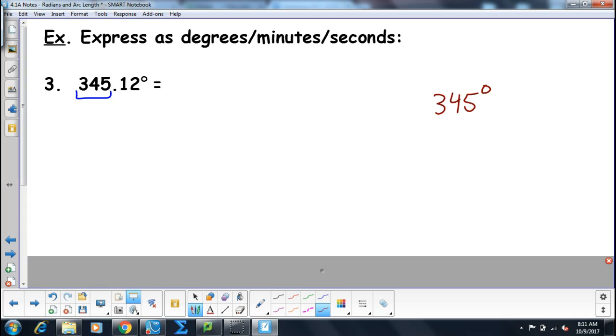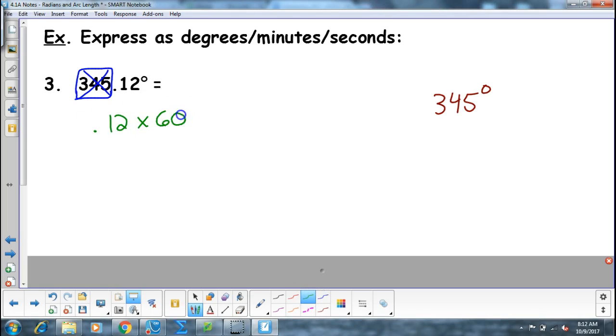Okay? So I'm not even going to worry about that 345 part. I'm more concerned about the 0.12 of a degree. So let's first convert that into minutes. I shouldn't use X there. Let's use a dot. Then it's more mathematically sound. Okay?